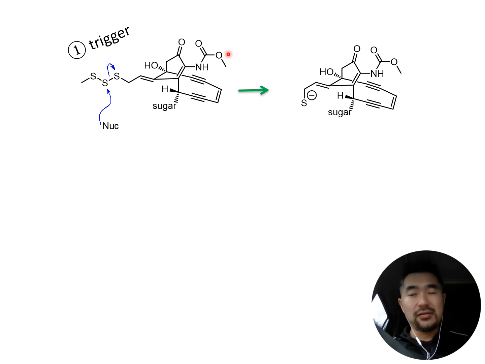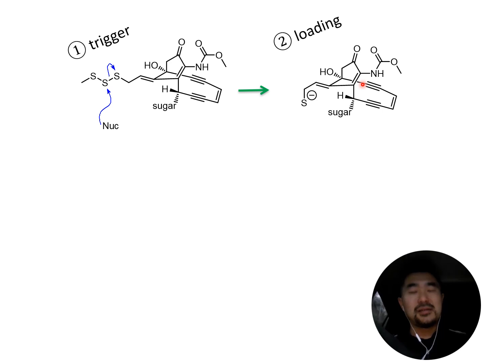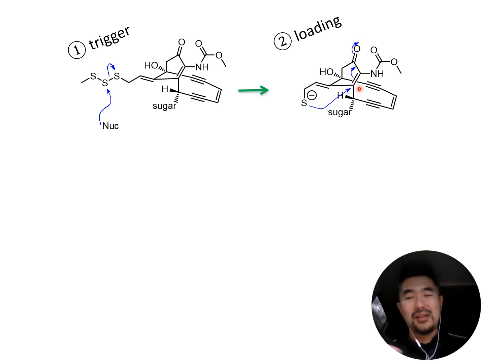And remember, soft nucleophiles do add to alpha beta unsaturated double bonds, which happens to be present in the molecule here. That does the triggering and loading onto it, which turns this beta carbon from sp2 geometry to sp3 geometry.